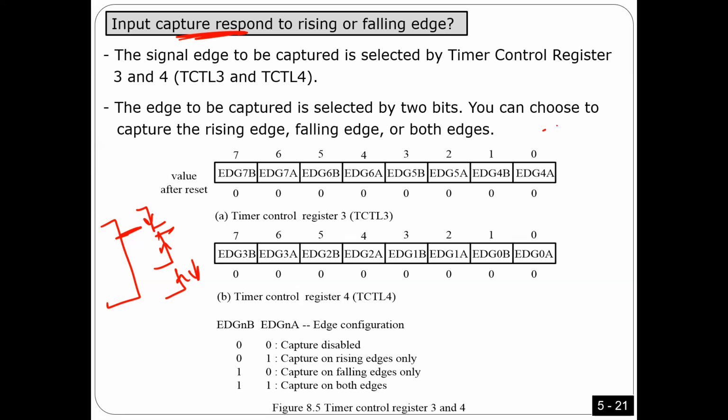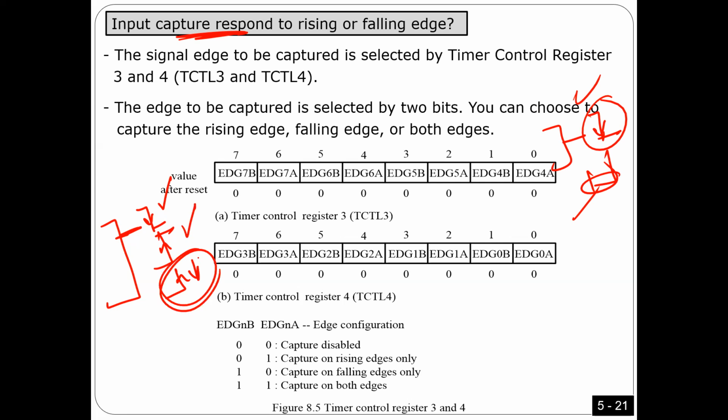However, in IRQ we had only two options, either falling or 0 level. Here we have 4 selections: falling, rising, both. In both cases, you are going to trigger an interrupt. Number 4 is going to be capture disabled, so no capture.